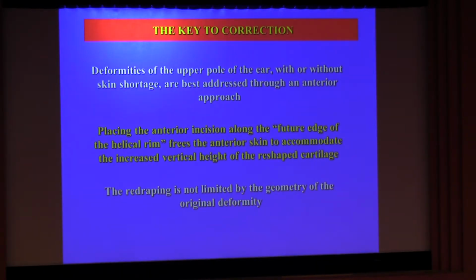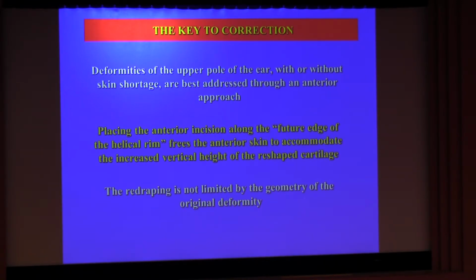So the key to correction is to go anteriorly along the future line of the helical rim, dissect out the cartilage, release adhesions, splint it into a normal shape with cartilage graft, conchoid cartilage graft, either ipsilateral or bilateral if it's a unilateral, and then redraping the skin.